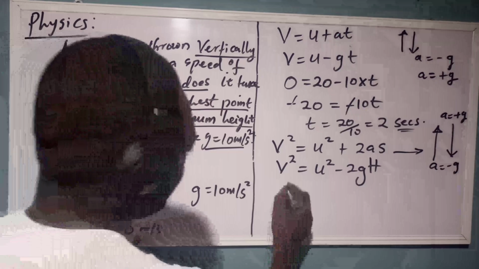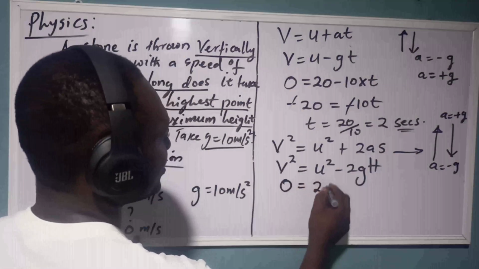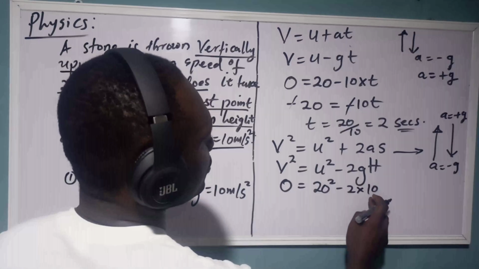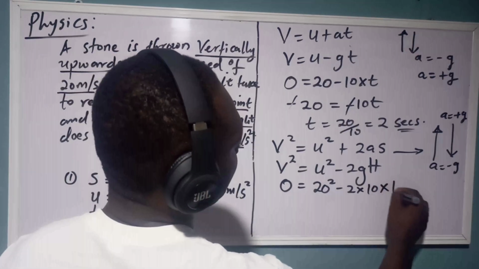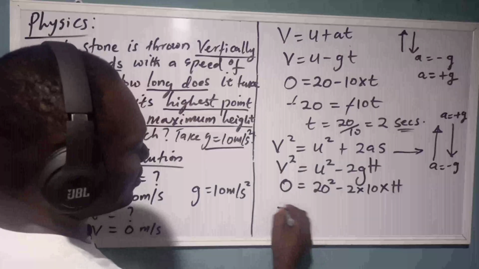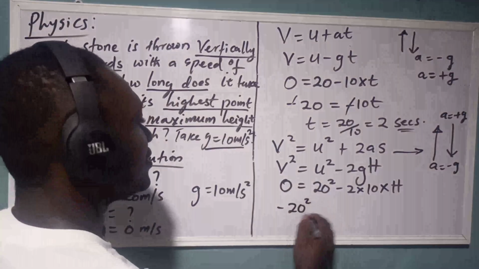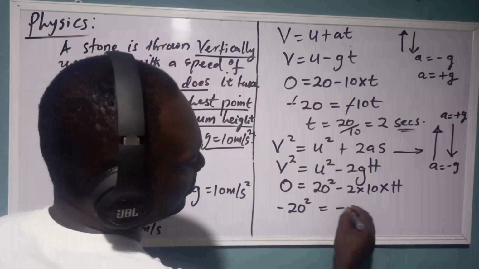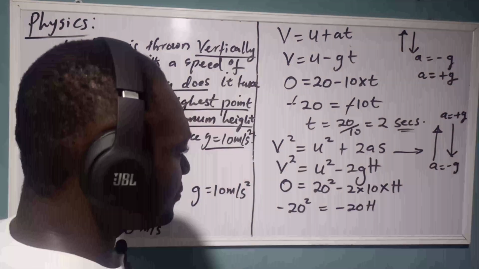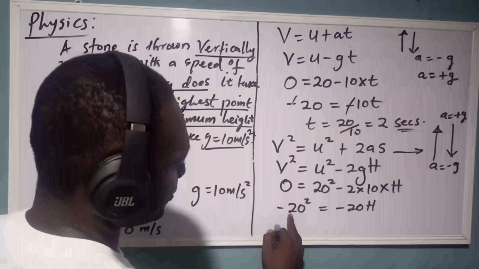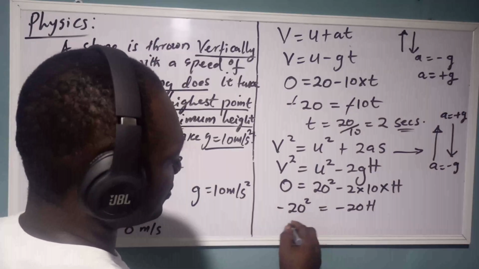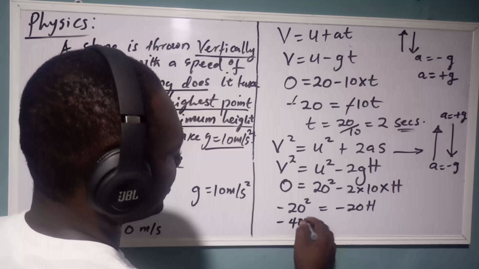Okay, so let's substitute values now. Final velocity is 0, initial velocity is 20, acceleration due to gravity 10, times height. So if we rearrange, we have 20 squared equal to 20h. Okay, so 20 squared is going to give you what? 400.